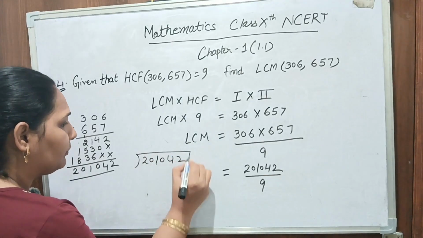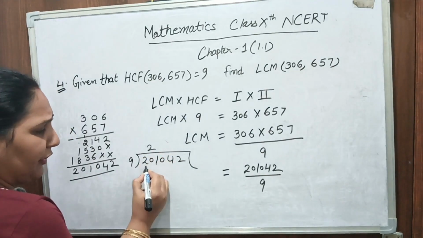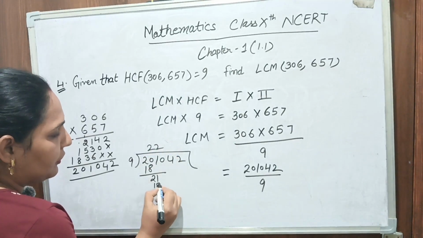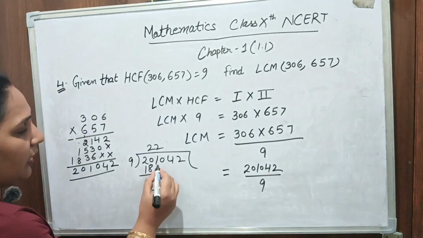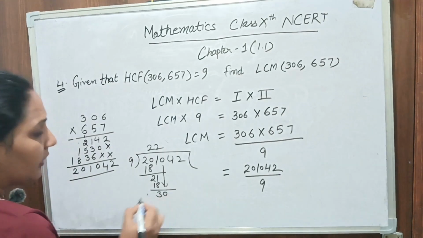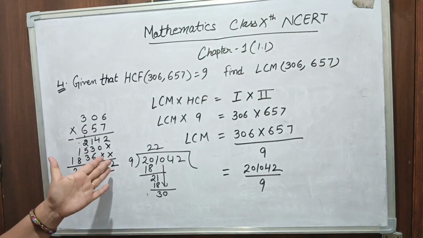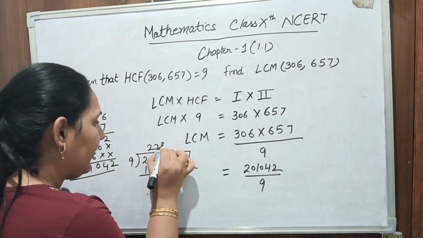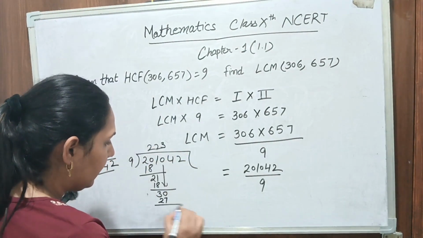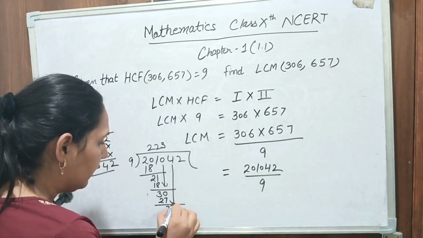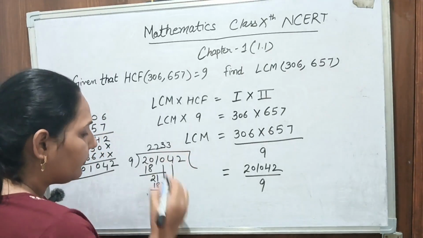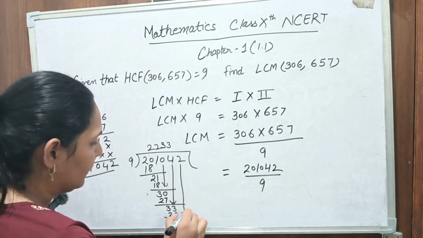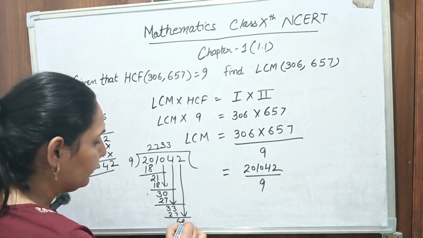201042 divided by 9. 9 twos are 18, 2 1 again, 9 twos are 18, 3 we will take 0, 9 ones are 9, 9 twos are 18, 9 threes are 27. Again 3 4, 9 threes are 27. We will get 6 and 2.